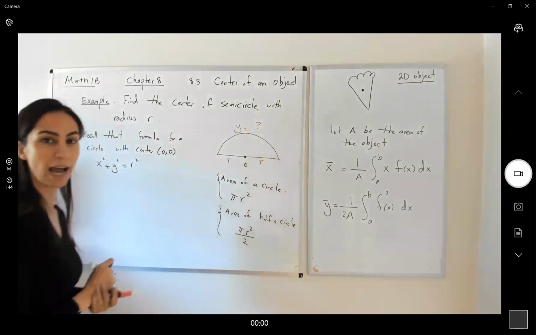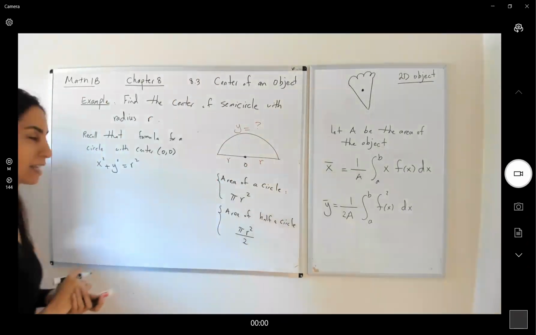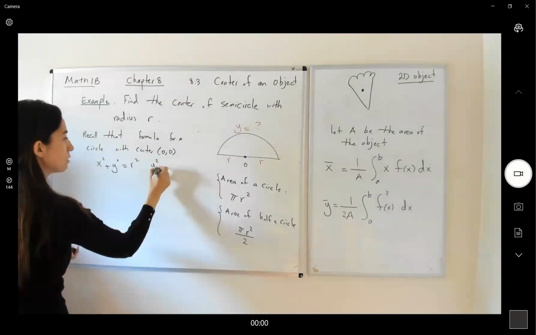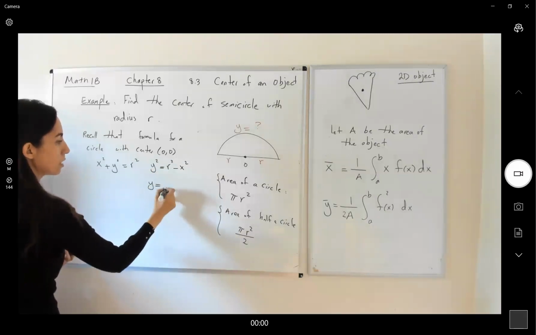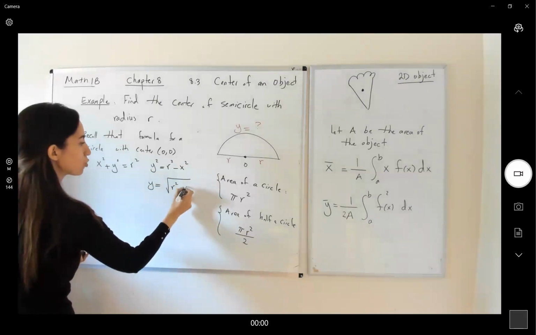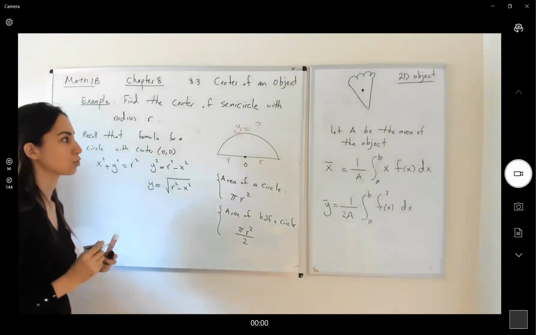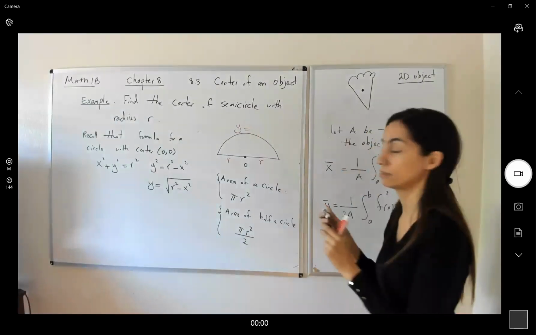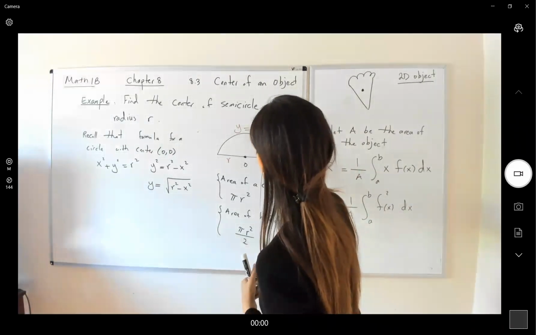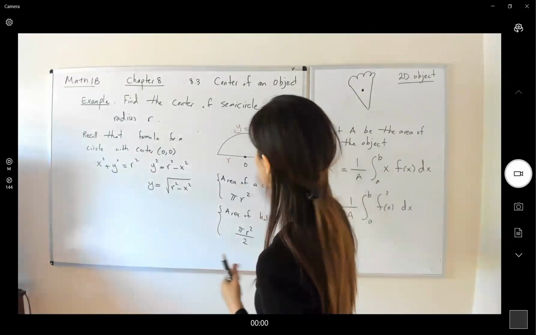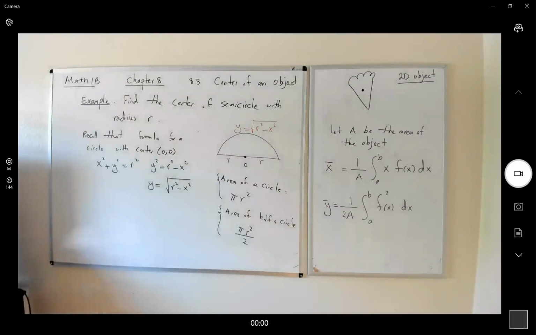Since you're working with half a circle, above the x-axis, your y squared is r squared minus x squared, so y is the square root of r squared minus x squared. This is your y. Very good. Let us continue.